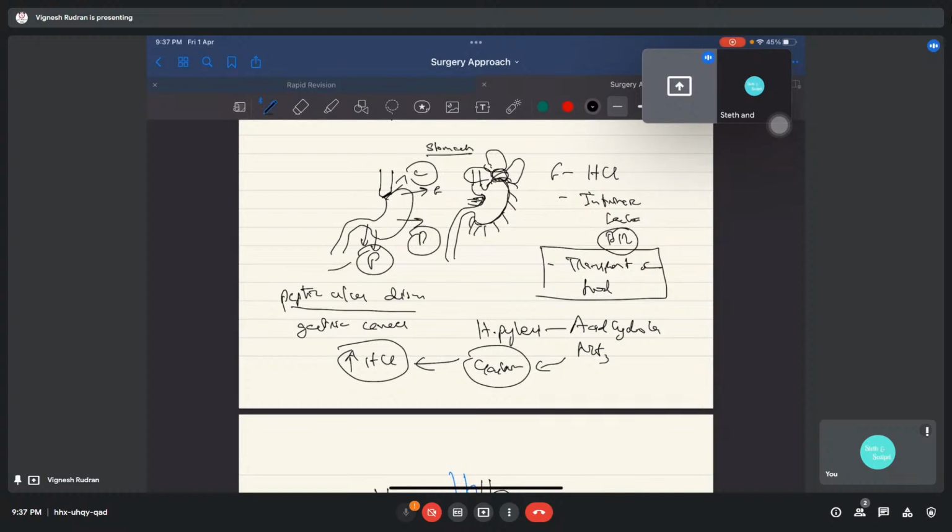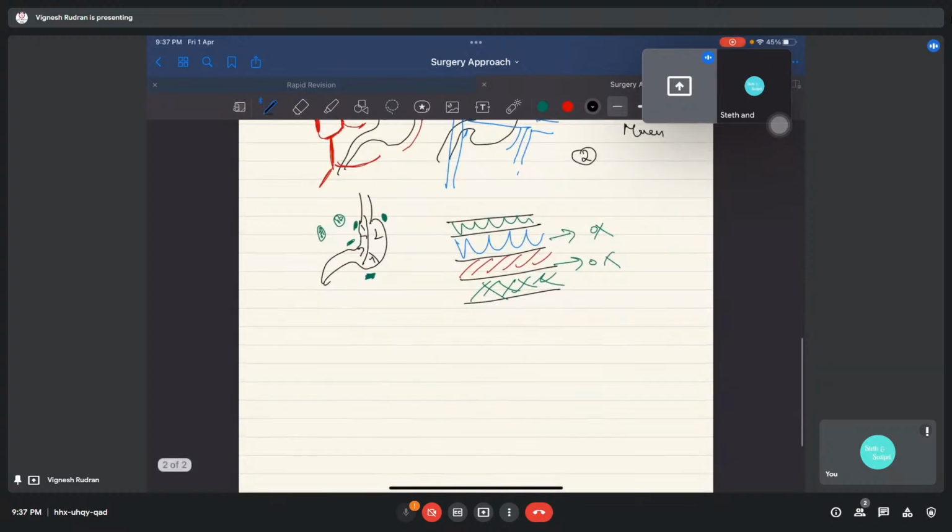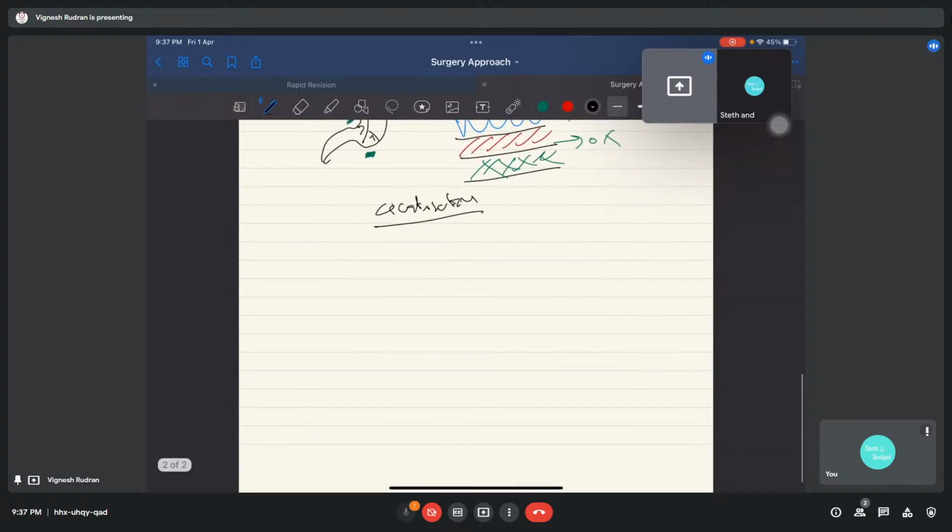So when it happens in the pylorus of the stomach, what will happen ultimately? Something called cicatrization. So wherever you go, this inflammation is going to haunt you, so you better know it properly. Whenever you have inflammation, you will have neutrophils coming, okay, and then there will be cell destruction, and finally you will have fibrosis.